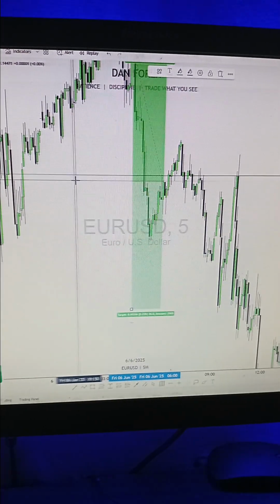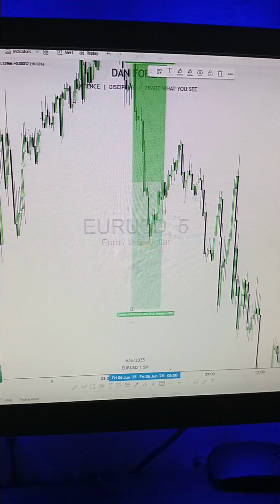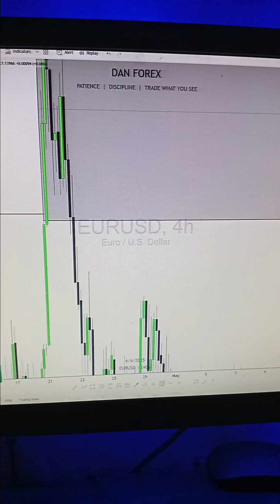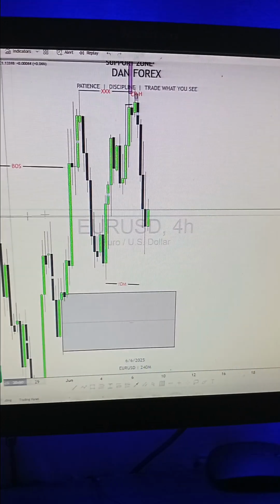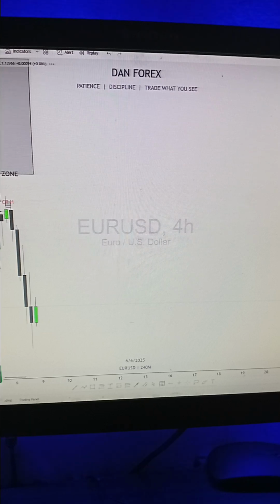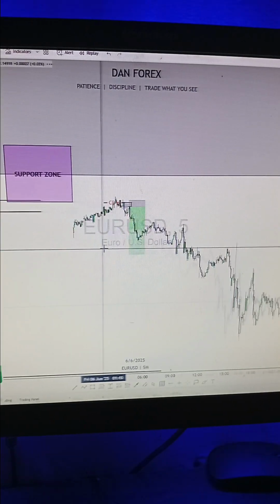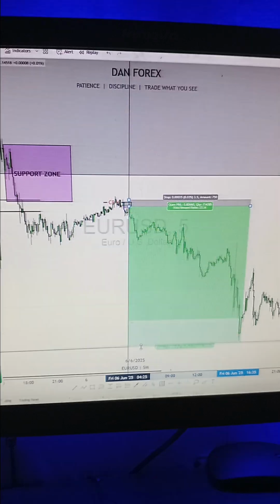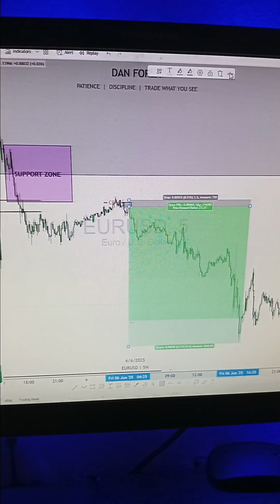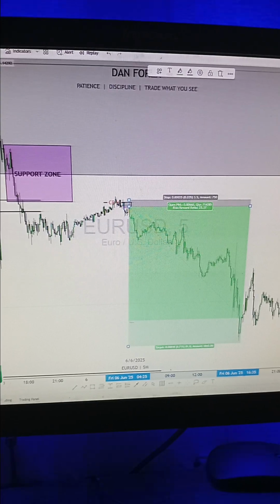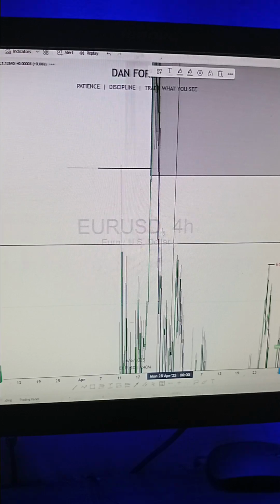You target the 4-hour demand zone. Let me make it visible to a higher time frame, just a little bit, and above, like that.